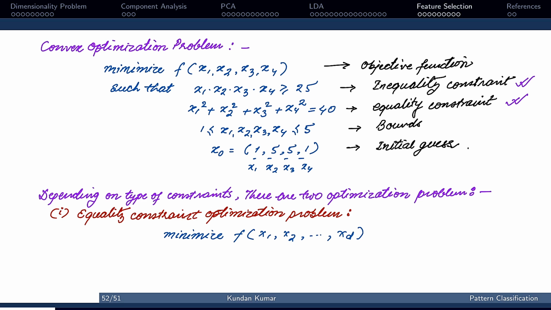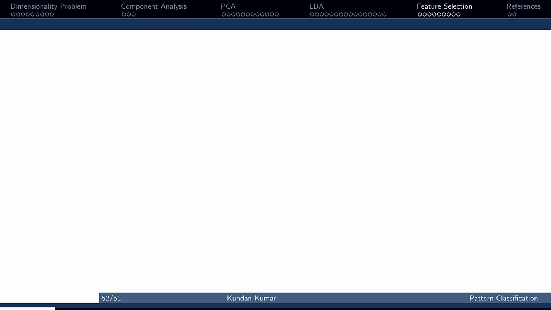We have to minimize this subject to some function of x which is equal to 0. Here we have p number of functions, so i equal to 1 to p.